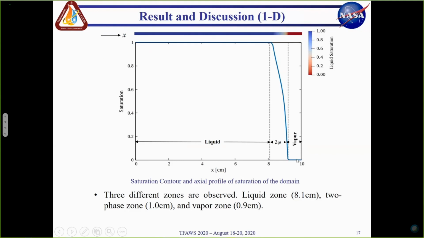All right, another question from the chat. You have a thick liquid-vapor interface in the 1D model. Is that reasonable?